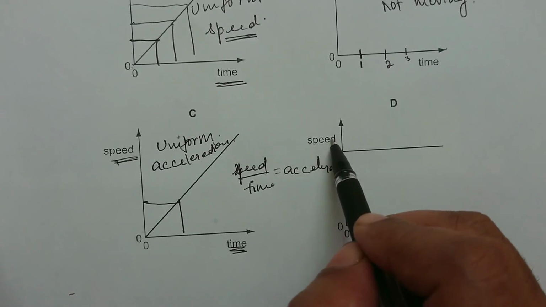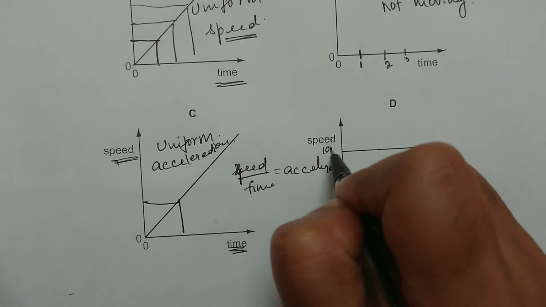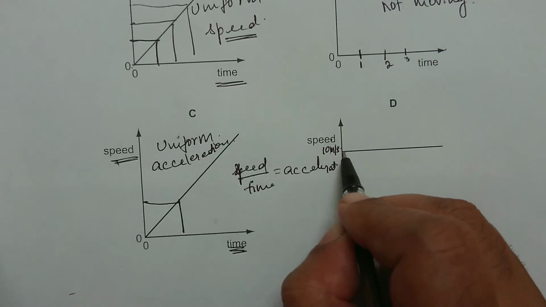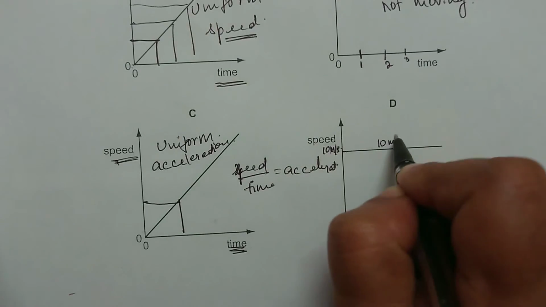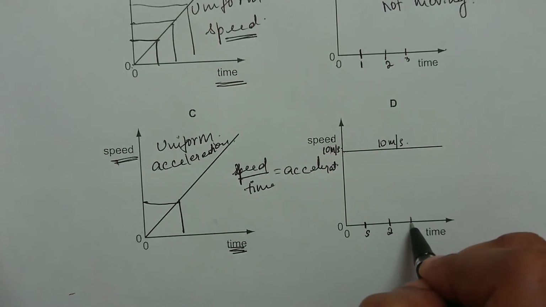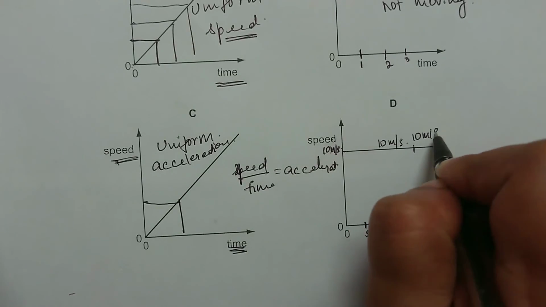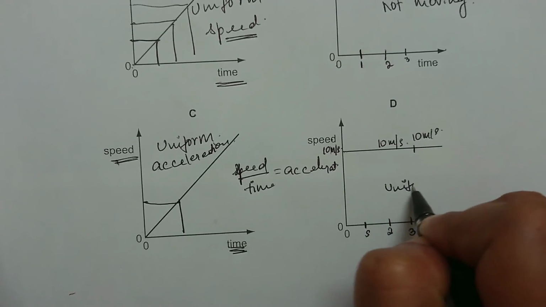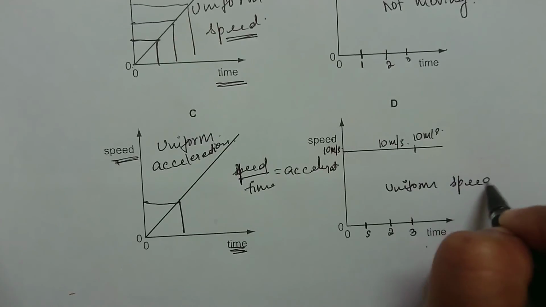Next one. This is the speed and this one is time. If we are saying that it is moving with 10 meter per second, at 1 second it is moving with 10 meter per second. At 2 seconds also it is moving with the same speed, 10 meter per second. At 3 seconds also it is moving with 10 meter per second. Means this speed time graph represents the object which is moving with the uniform speed.